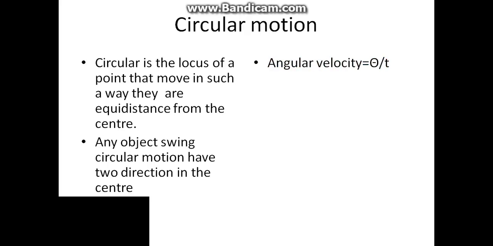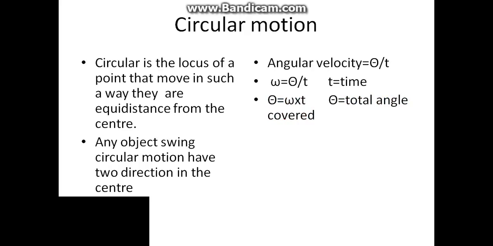Angular velocity is equal to theta over t, where t is time. Making theta the subject of the formula, we have theta equals angular velocity times t, where theta is the total angle covered, in radians.